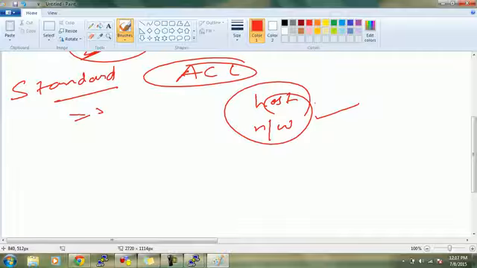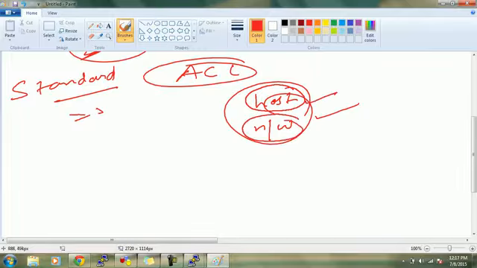So if I have to control the access, either I can give access to a network or to a host, or I can block access for a network or for a host. Agree? It means whenever I use ACL, there will be two things, host and network.